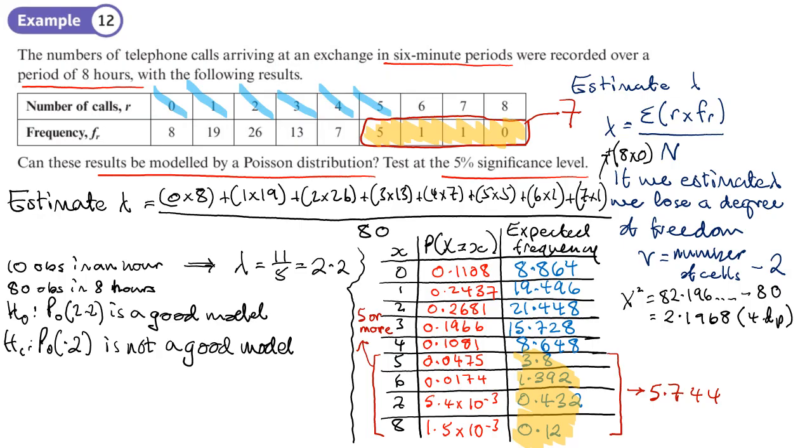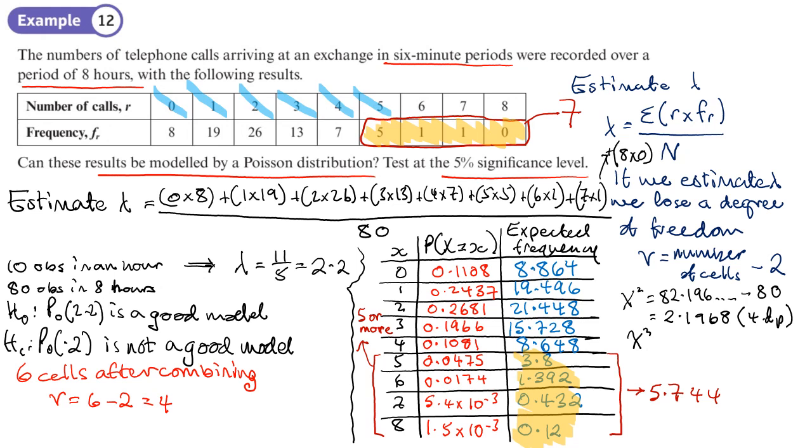So I'll just write that down: 6 cells after combining, and since we've had to estimate lambda, the number of degrees of freedom is going to be 6 minus 2, so we have 4 degrees of freedom.